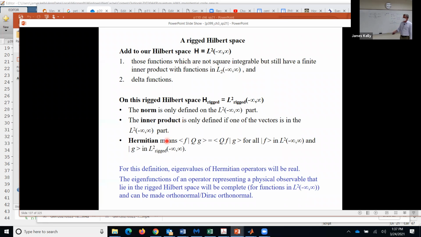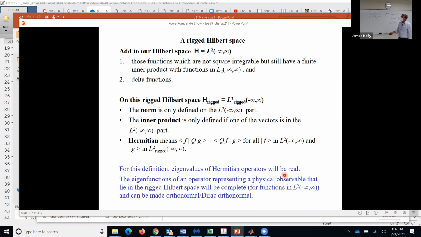Okay. And therefore, if we take this definition, the eigenvalues of Hermitian operators in the continuous spectrum case will again be real, or at least it works for the momentum operator, okay? And it will work for the other operators too. Why are they real? Because if I took any complex part of it, I'm going to get something that is blowing up in one direction or the other so badly that it wouldn't have that finite inner product property with other elements of just good old-fashioned L2.